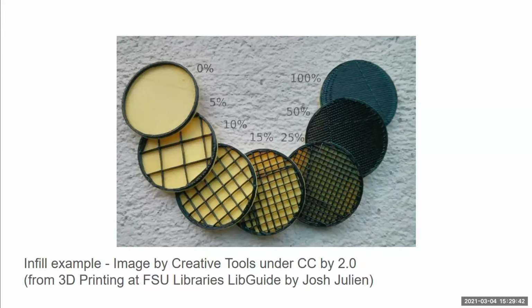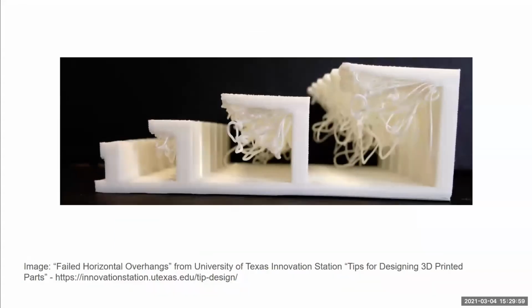So there's always going to be some form of trade-off between the time and material cost versus what you want that object to do. That's just something to keep in mind, and that can be adjusted within the 3D print slicer software that interprets the instructions for the printer to follow itself.